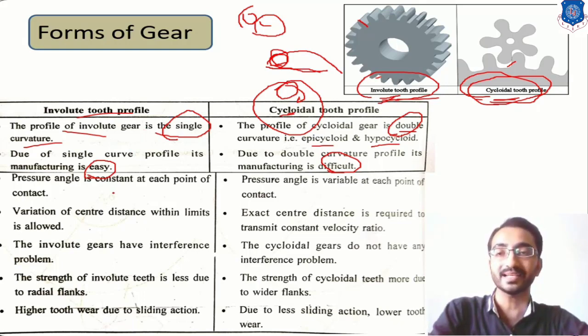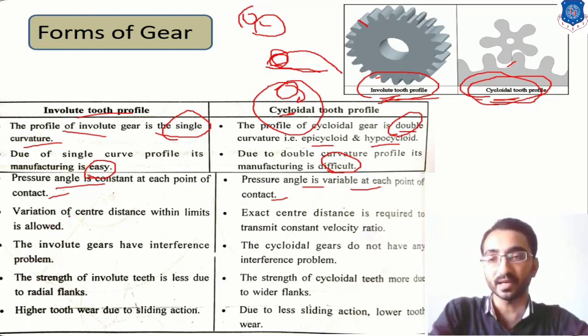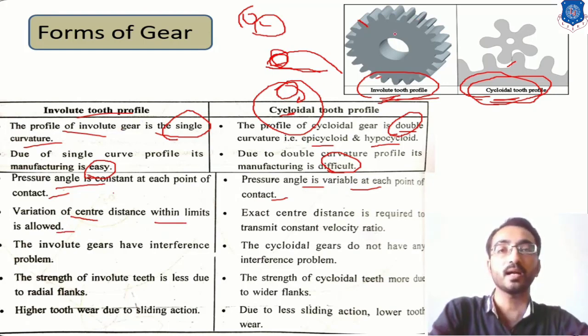Now the next one: the pressure angle is constant at each point in the involute profile because it is made up from a single curvature, while the pressure angle is variable at each point in the cycloidal profile. Next, variation of center distance is limited in the involute profile because you have not designed the shape with much complexity, so it will be a very constant distance.